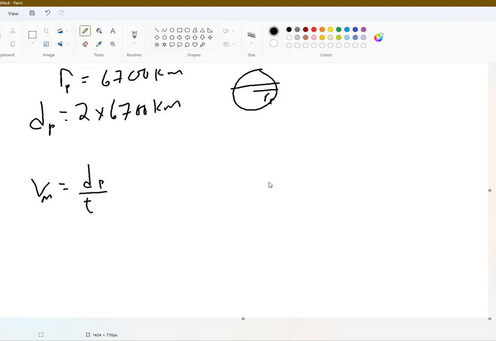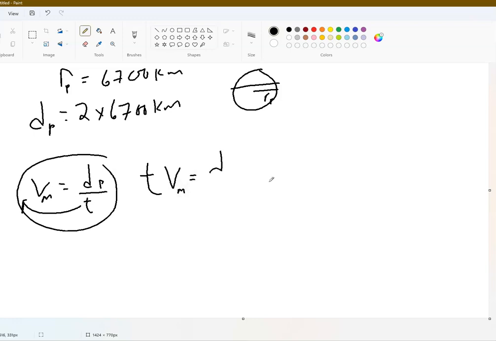If we rearrange this equation and solve for time, I'm going to put the time on this side of the equation. Time is multiplied by the velocity of the moon and equal to the diameter of the planet. Then, to finalize it, I'm going to divide both sides by the velocity of the moon.